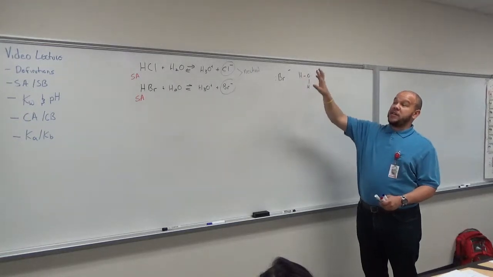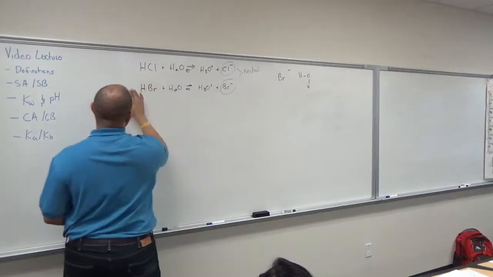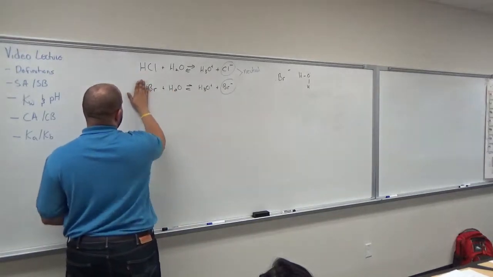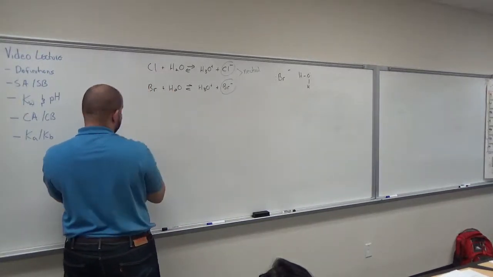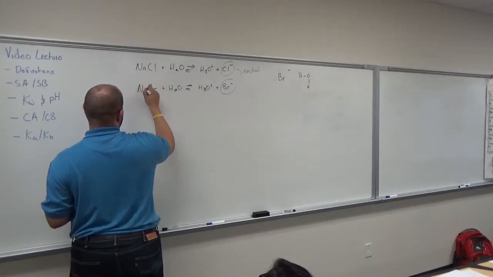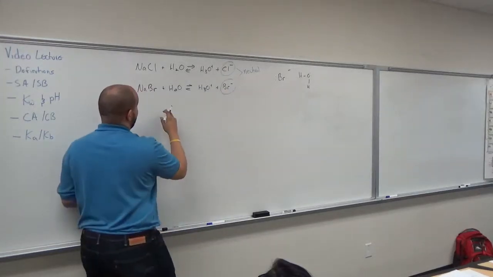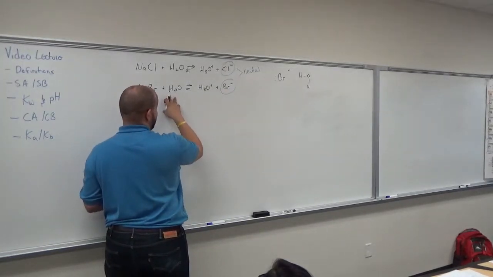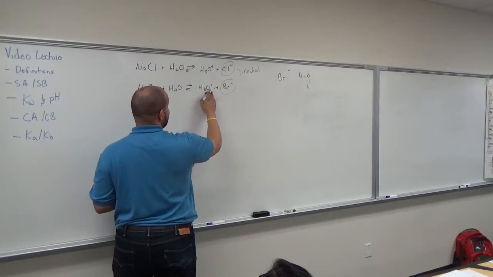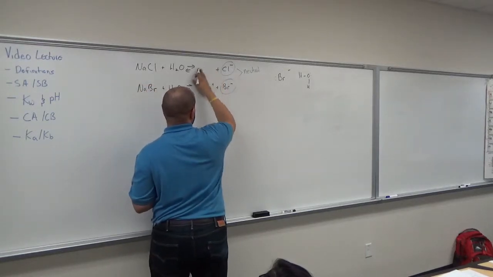Now, let's talk about this in terms of a salt. So, if we were dealing with a salt, we would have to be dealing with something along the lines of, let's say, sodium chloride or sodium bromide, right? Then what would occur is we would mix with water and we would end up getting the dissociation of these two.